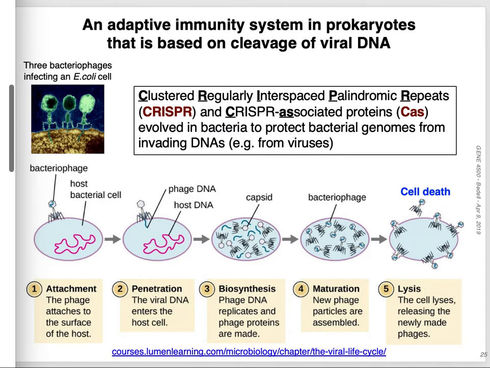There's no antibodies there. It's entirely different, but it's still a form of immunity. So I took this from a review article from one of the main labs that had discovered this. So there's actually three different phases, the adaptation. But what happens here is, let's say there's a phage that infects, okay?